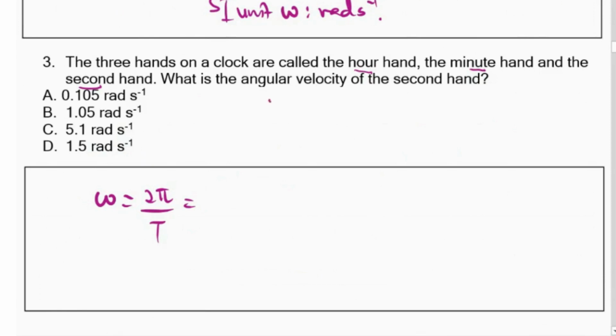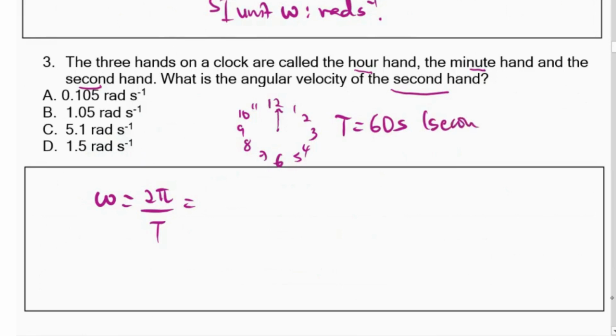We have a clock with 12, 1, 2, 3, 4, 5, 6, 7, 8, 9, 10, and 11. The second hand is the one that has the longest length. It makes 1 cycle in 60 seconds. So the period of rotation for the second hand is 60 seconds.